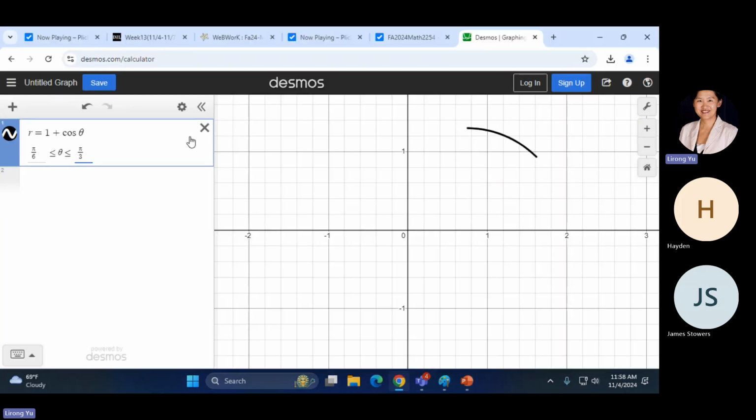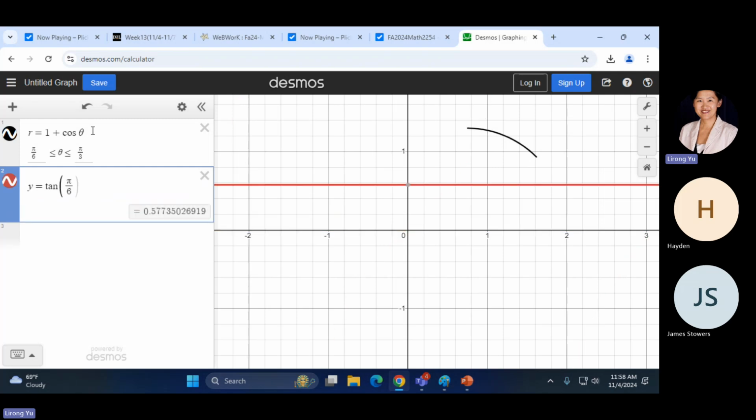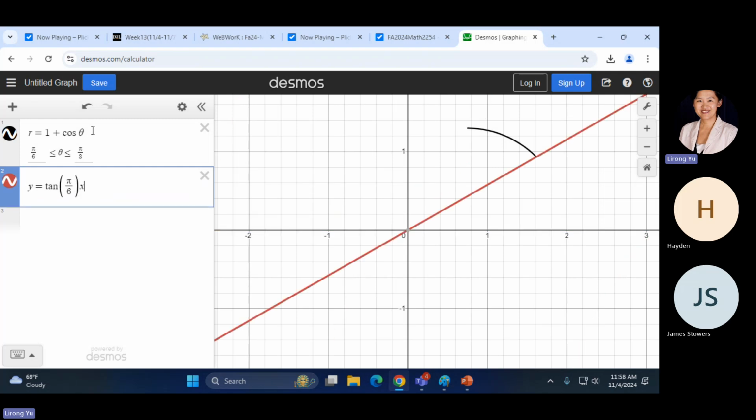Okay, and then let's draw those two lines. We want to find the area, so let's try to have the edge of the area. One is y equals tangent of pi over 6. Trying to draw the line, and then x is between 0 and the other end.